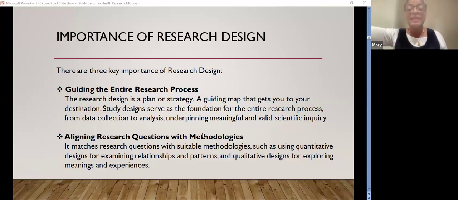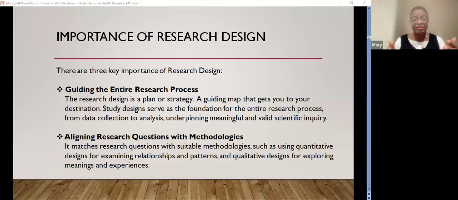Phase 4, implementing the health intervention. Phase 5, appraising, evaluating the health intervention. And 6, your policy recommendations, talking to the funders, advocacy, media outreach, campaigns, or whatever method you choose. So having your research design gives you the map, it gives you the steps from step 1 to the end, to your destination.